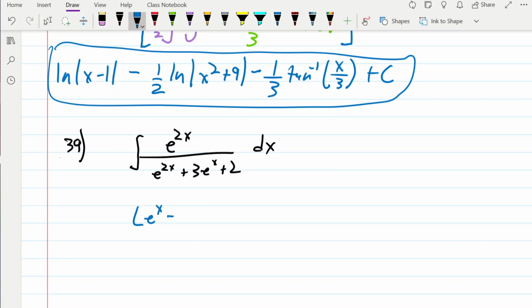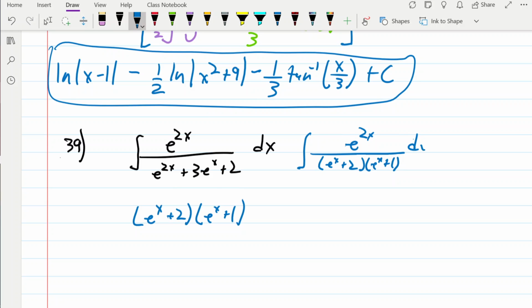So that's e to the x plus 2 times e to the x plus 1, because that'll be e to the 2x right there. So 2, 3. Okay, yeah, actually we can. So we're going to have e to the 2x on top over e to the x plus 2 times e to the x plus 1, and that's going to be the integral dx.